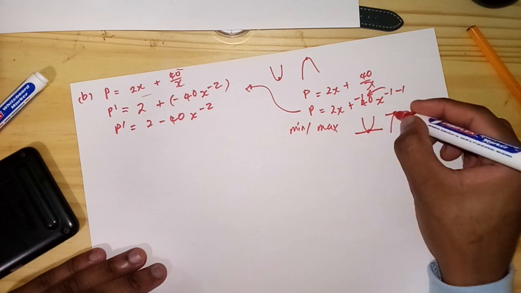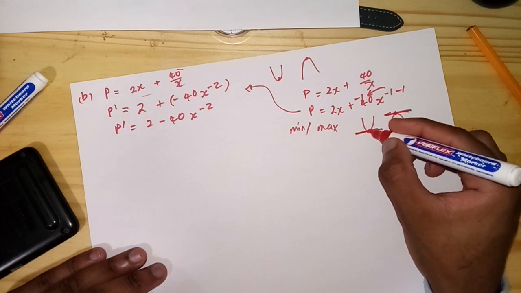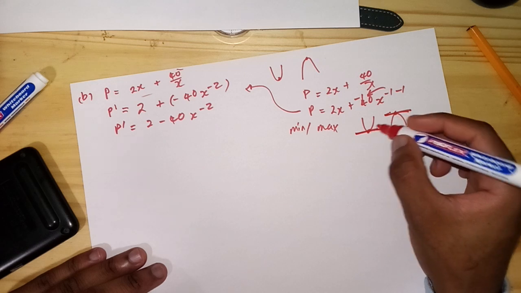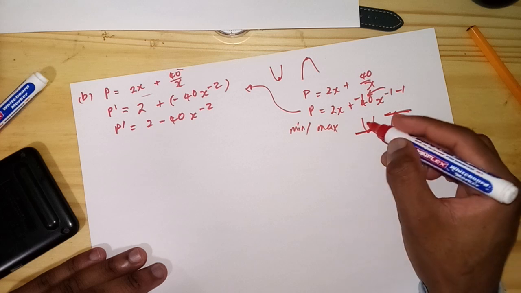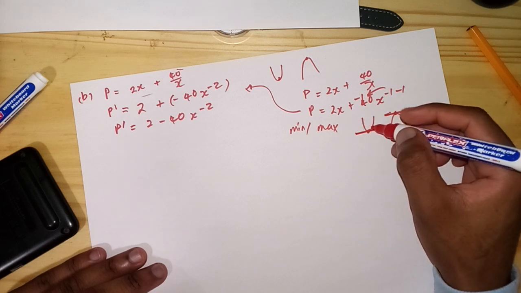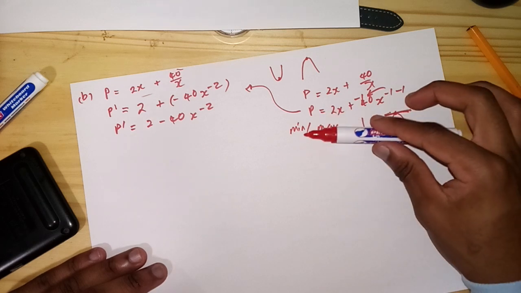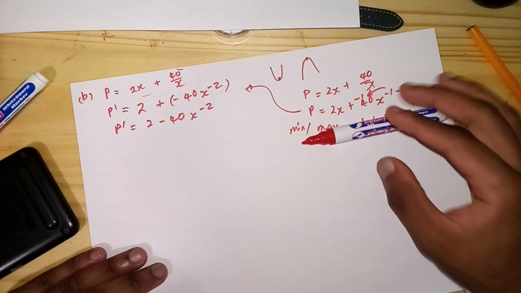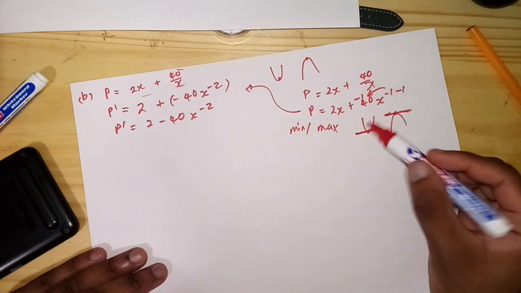And in terms of the turning point, the turning point must have a gradient of 0, because at the particular turning point, the graph lays level. And being level with the x-axis gives you a gradient of 0.